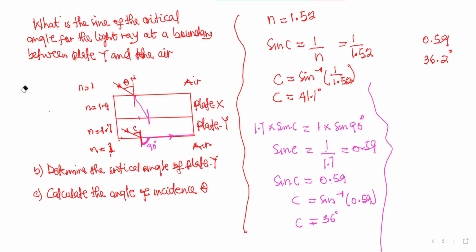You see, within plate Y, the angle of refraction is the critical angle, C. So that would help us find the angle of incidence in plate X. So let's do it gradually.